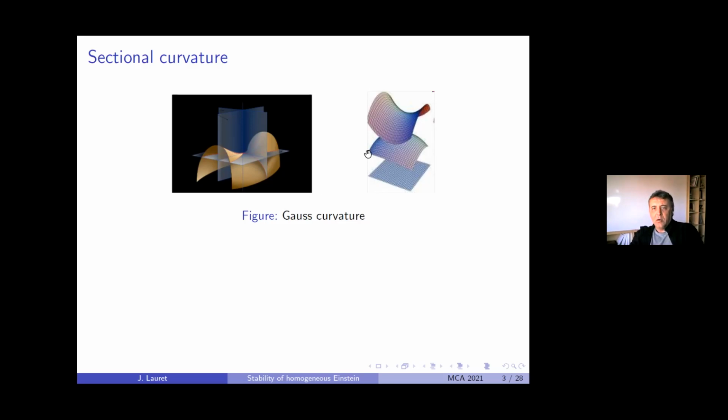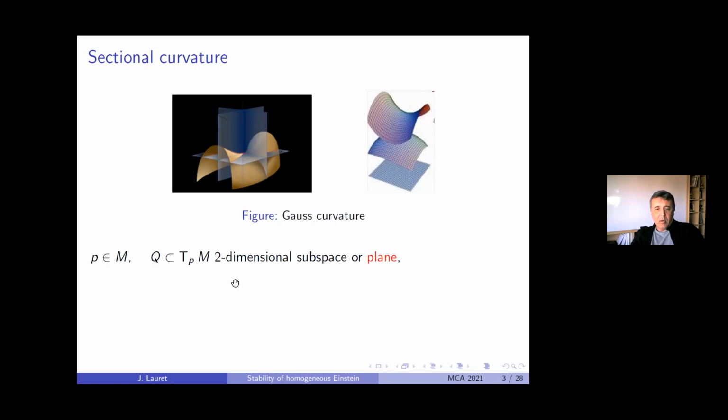So this is negative curvature, like a neck. This is positive curvature, like a sphere. And this is zero curvature, flat, like a plane or a cylinder, because you are multiplying the two principal directions. So that's the curvature of a surface when you are in dimension 2.